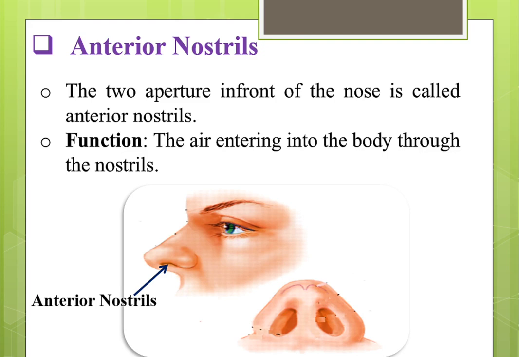It is the first part of the respiratory parts, and it has two openings in front of the nose, called the anterior nostrils. Function: the air enters into the body through these anterior nostrils.